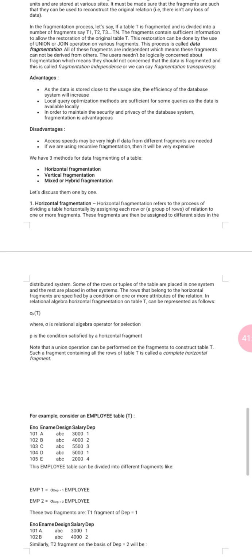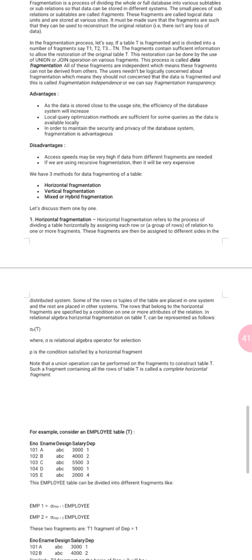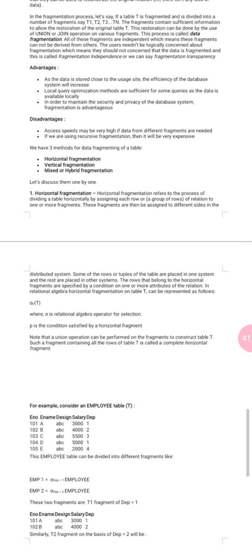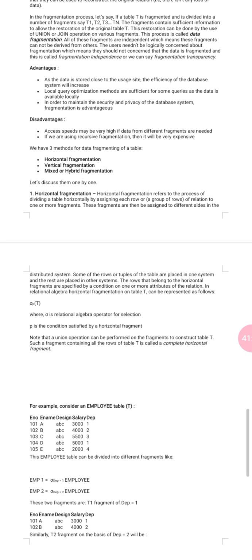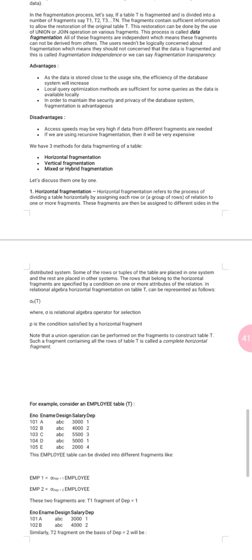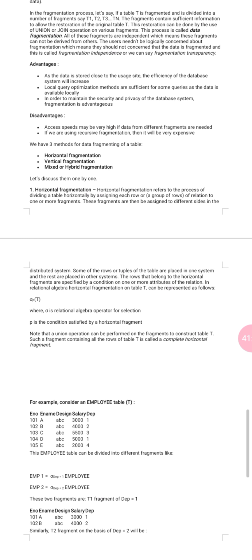Advantages of fragmentation. The first advantage is, as the data is stored close to the user's site, the efficiency of the database system will increase. Local query optimization methods are sufficient for some queries as the data is available locally.